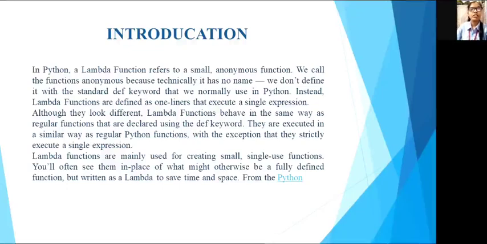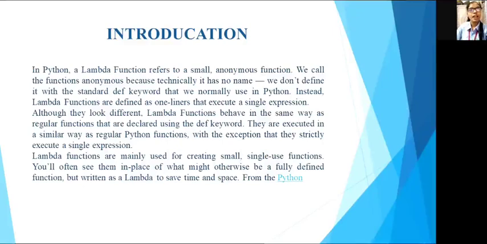Instead, lambda functions are defined as one-liners that execute a single expression. Although they look different, lambda functions behave in the same way as regular functions that are declared using the def keyword. They are executed in a similar way as a regular Python function, with the exception that they strictly execute a single expression.